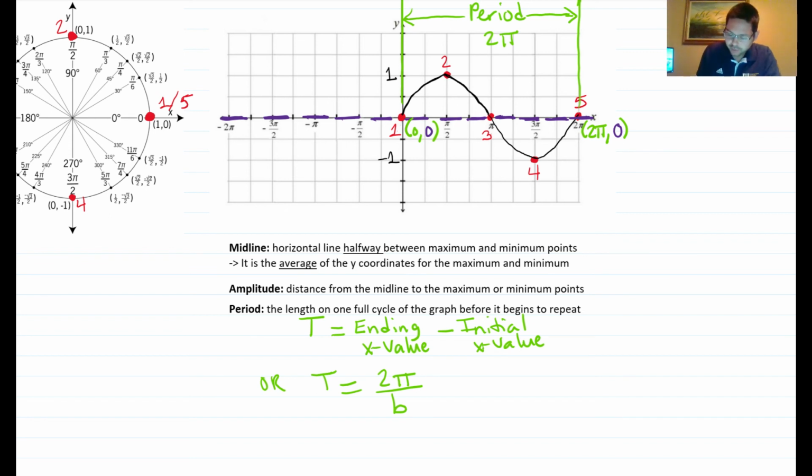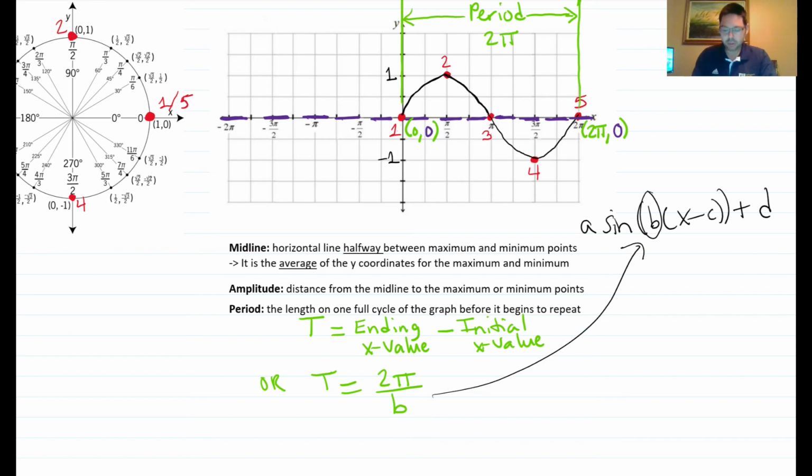So remember again, and I'll write it again just so that you can get constant exposure to this. This is the general form for sine. If you take the b here and you do 2 pi divided by that, then that's going to give you the period. So in the case we're drawing right now, our function is f of x equals sine of x.